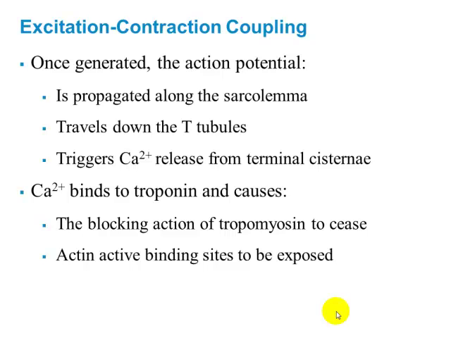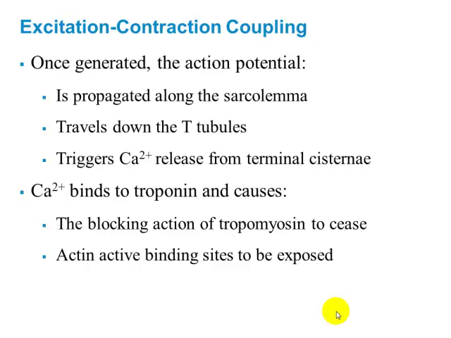So once we make this action potential, it's going to spread along the sarcolemma rapidly in all directions, and it's going to travel down the T-tubules. When it travels down the T-tubules, it will lead to the release of calcium from the terminal cisternae in the sarcoplasmic reticulum.